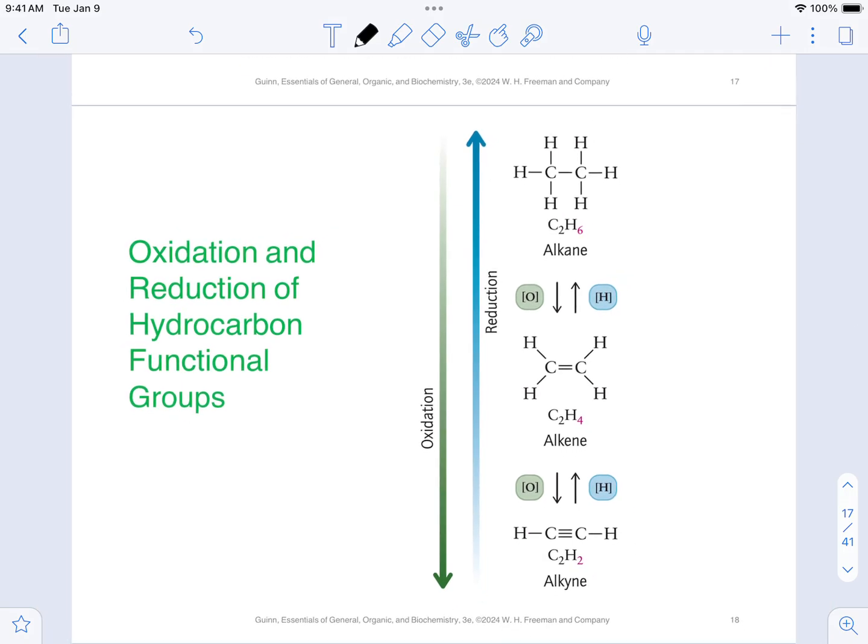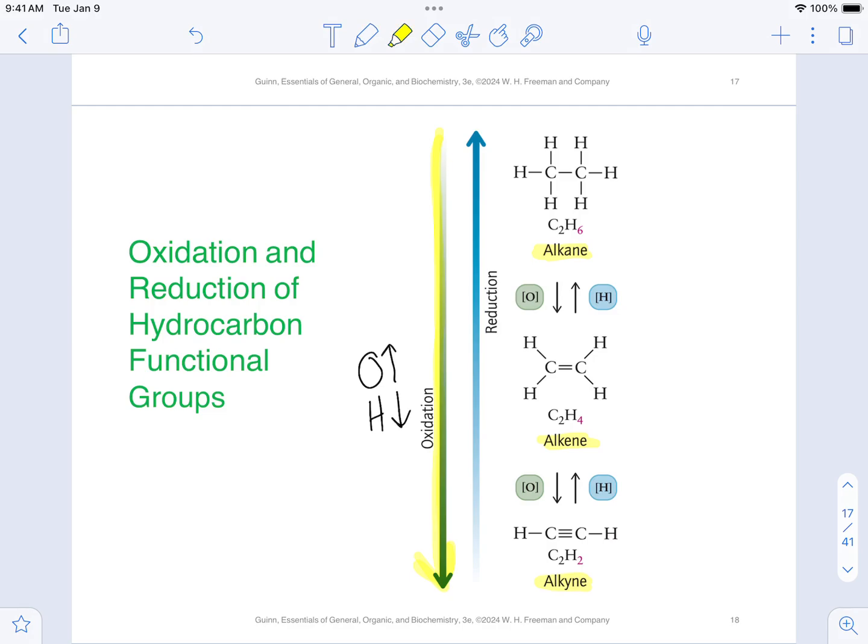If you're looking at your hydrocarbons, starting at the top here, you have an alkane. As you're going down, this is your oxidation pathway. An alkane gets oxidized to an alkene, which gets oxidized to an alkyne. And again, with oxidation, your O's are increasing and your H's are decreasing.